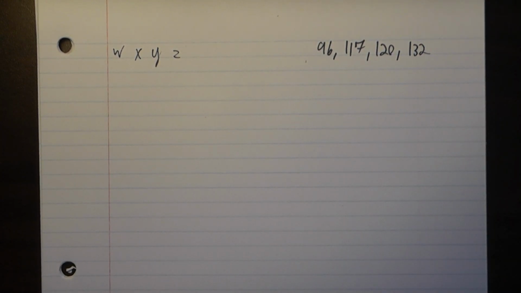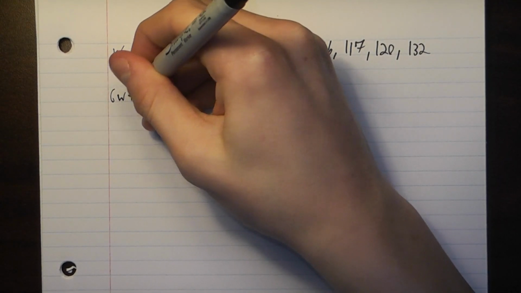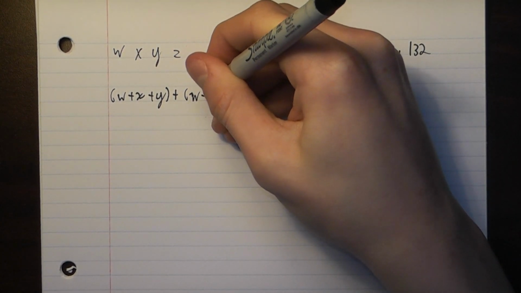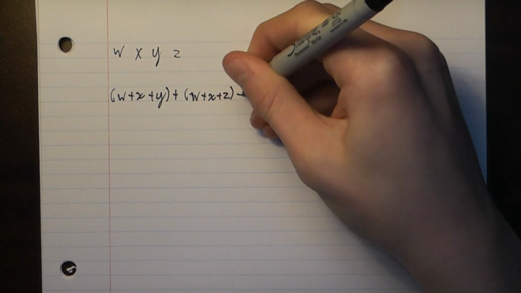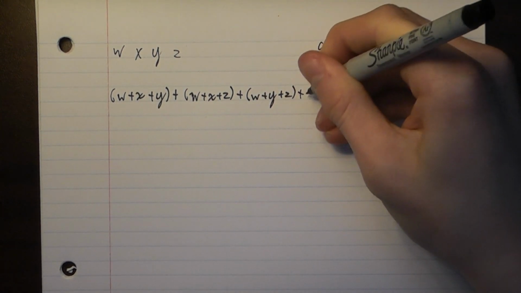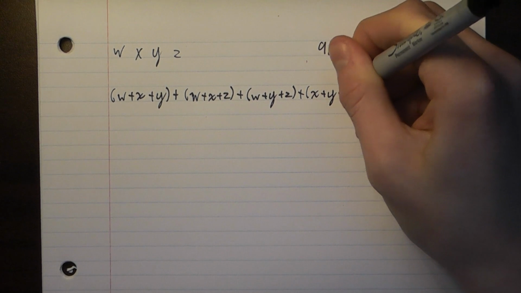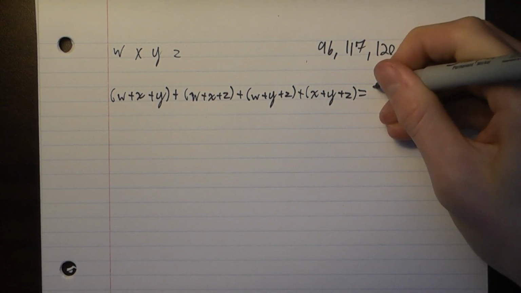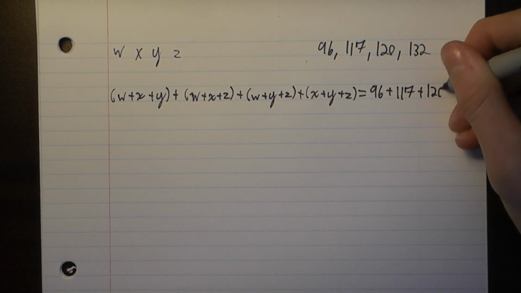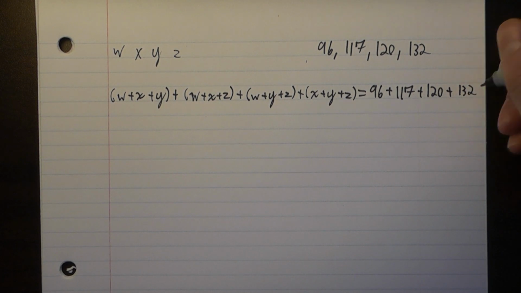Next, they found the sum of each of the 4 variables by adding all of the groups together, equaling all of the averages together, like this. W plus X plus Y plus W plus X plus Z plus W plus Y plus Z plus X plus Y plus Z, equaling 96 plus 117 plus 120 plus 132.